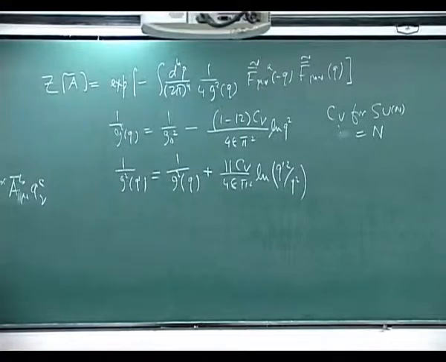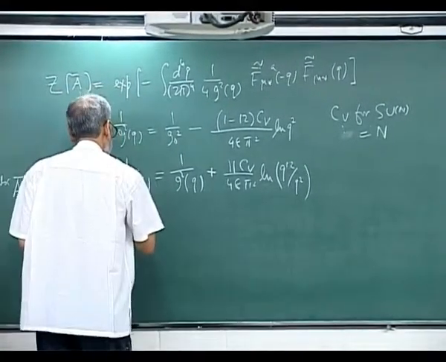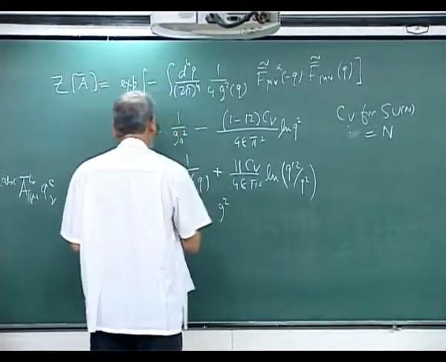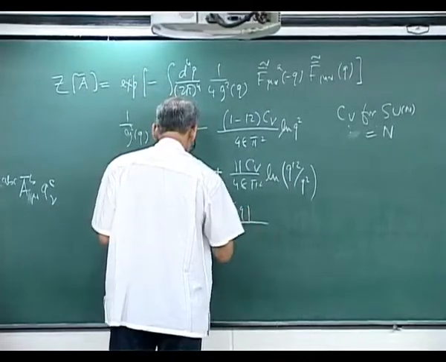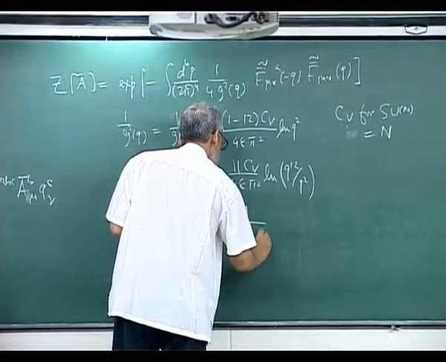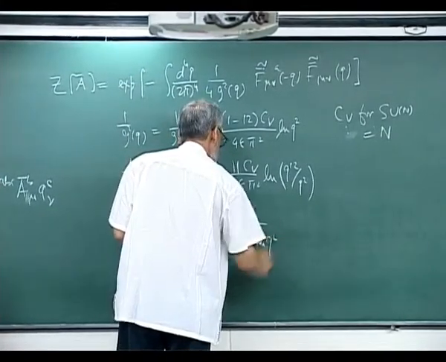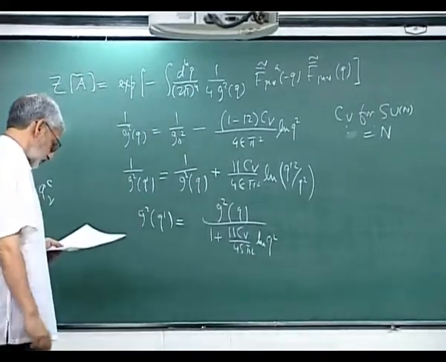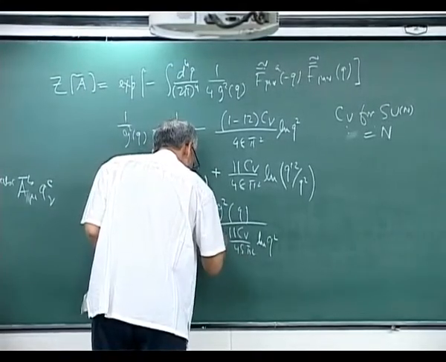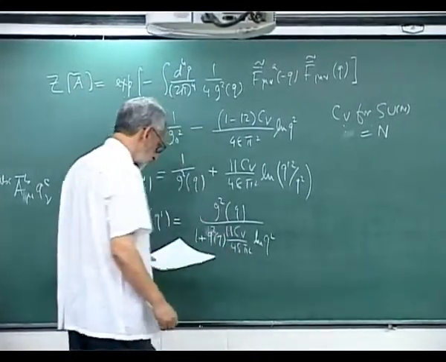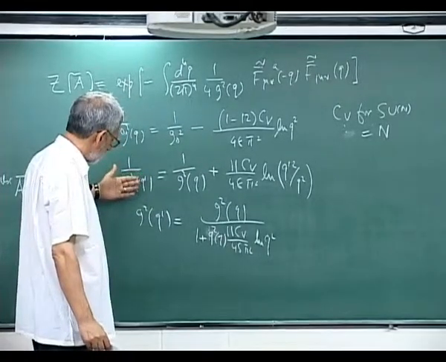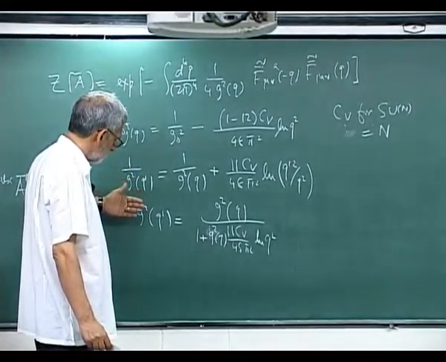I could rewrite this equation by inverting it as g²(q′) is g²(q) divided by 1 plus 11 C_V g²(q)/(48π²) log(q′²/q²). Something is missing, I have missed a g² somewhere here. Is that right? If I invert this, that's right.